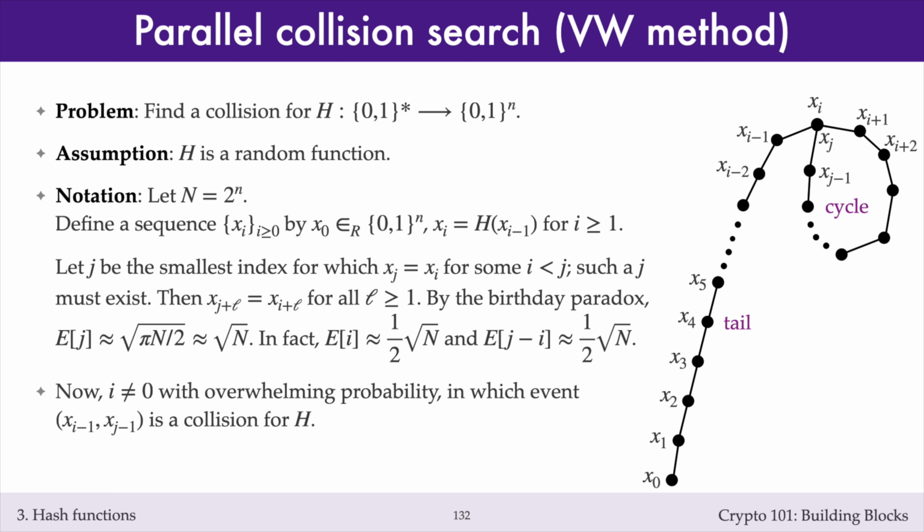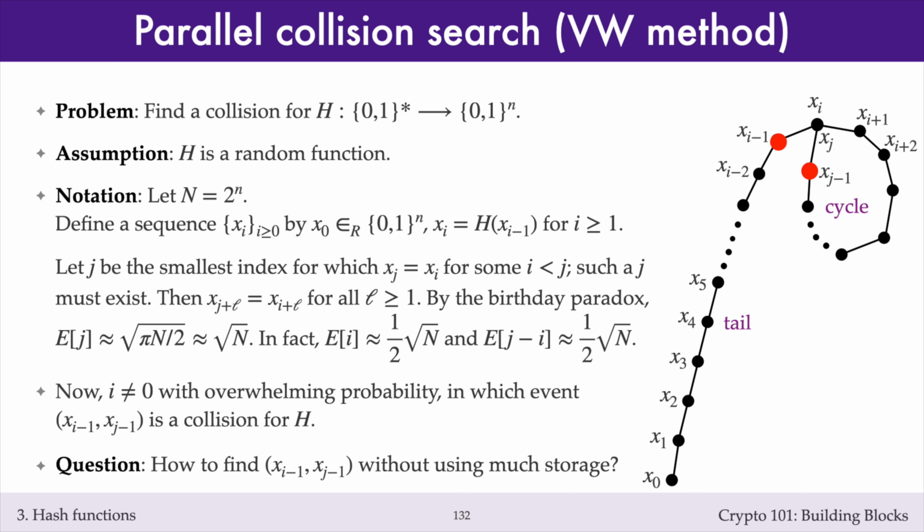Now, with overwhelming probability, i is non-zero, which means that with overwhelming probability, this rho-shaped figure is not a trivial cycle. In this event, the terms x_{i-1} and x_{j-1} are two different values, which both hash to the same value, namely x_i and x_j. And so the pair of red dots is a collision for h, and this is the collision that we seek.